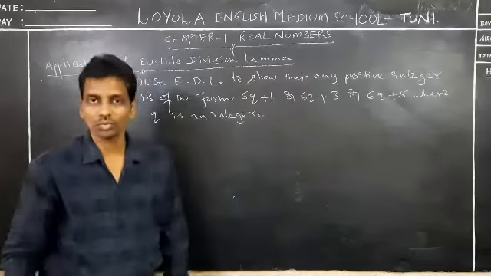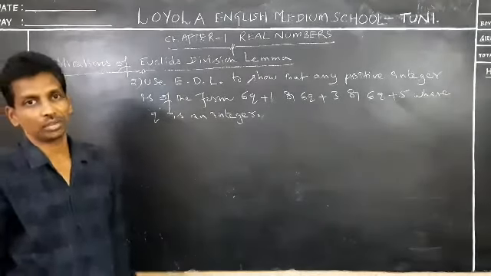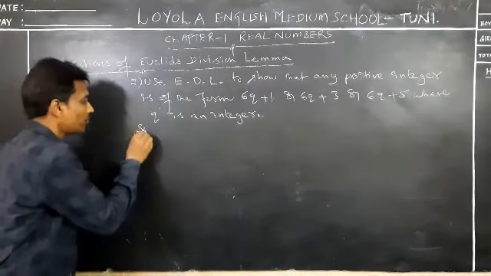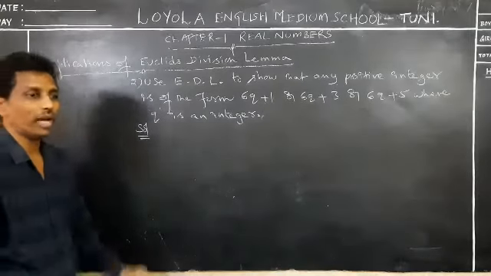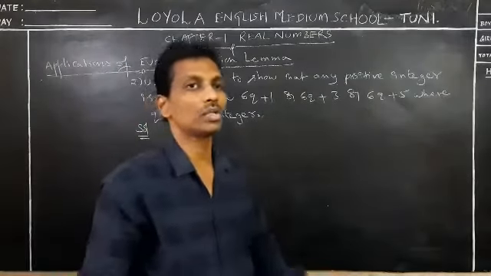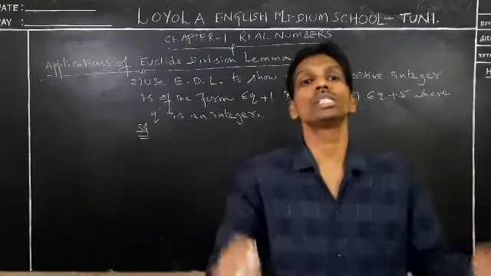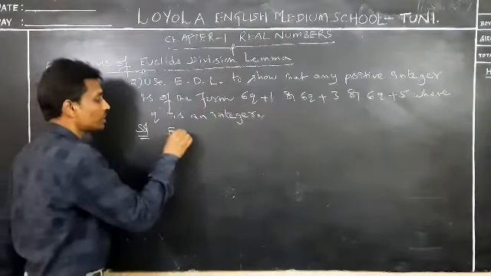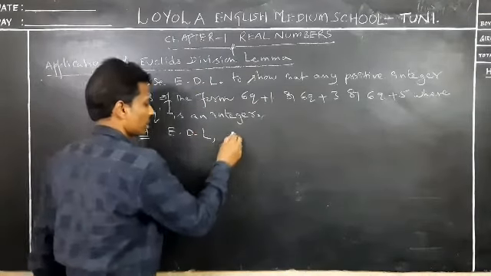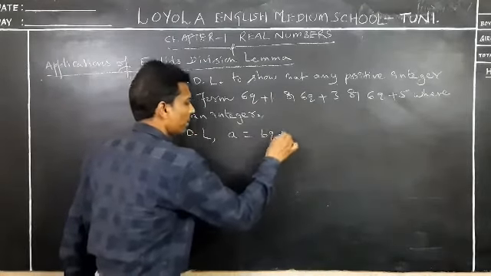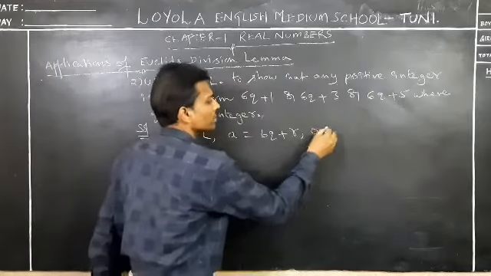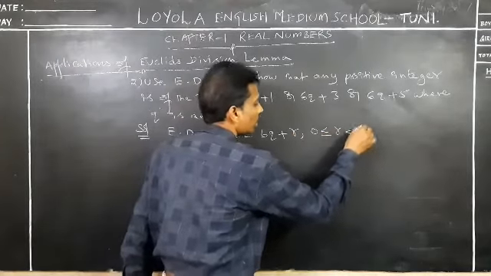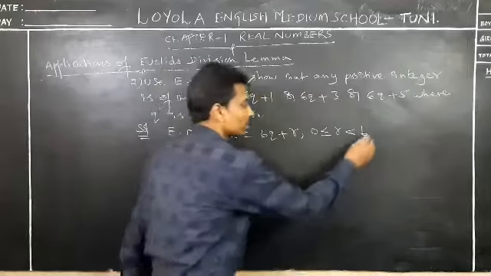So we are asked to show this condition. When we are writing this, at first we must write, don't forget to write Euclid's division lemma. Say what Euclid's division lemma says. A is equal to BQ plus R, where 0 is less than or equal to R less than B.